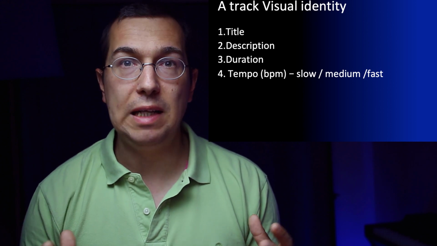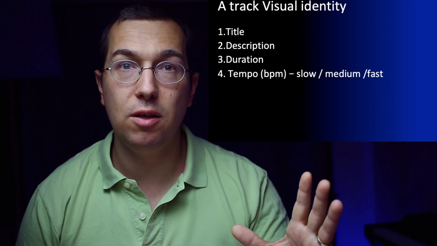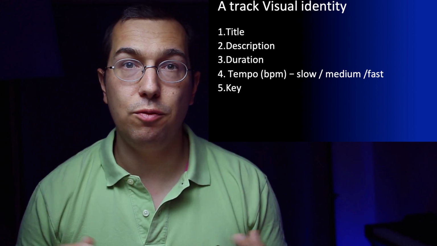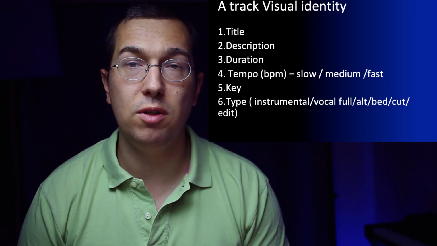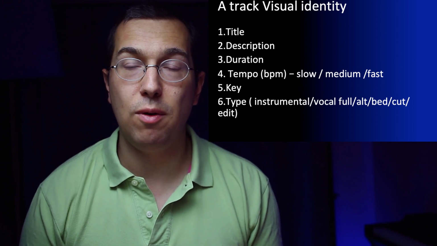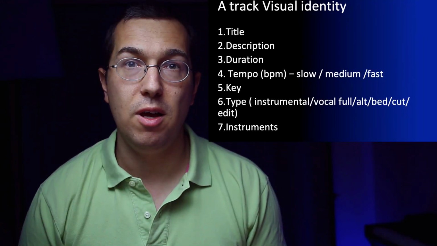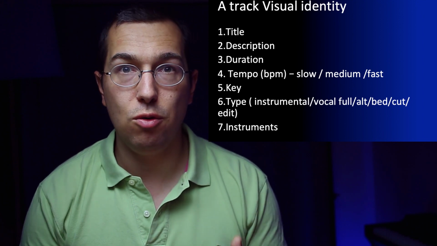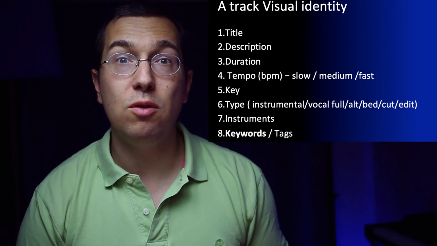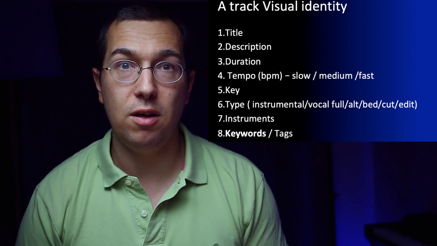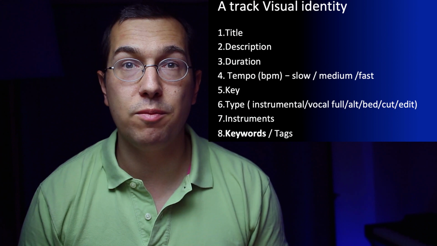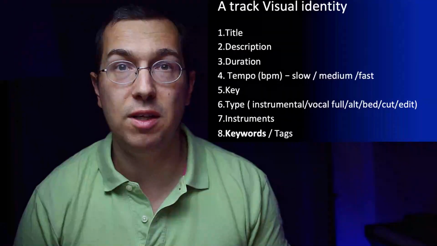In that process, there are a bunch of things that you have to fill out on the platform in order to have your track available. That information will help to structure your track on the platform, but it will also serve to help it be found, because it will be used by the platform's search engine or filtering system.